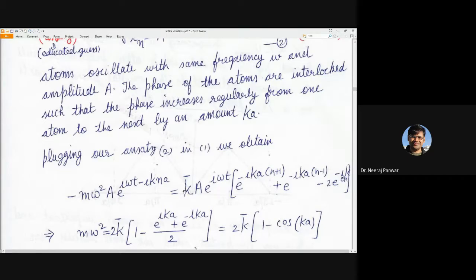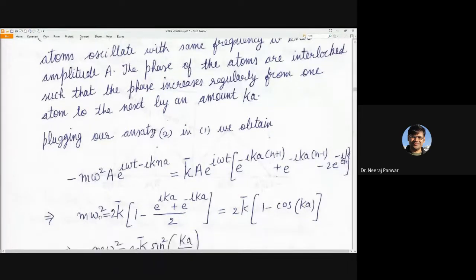And by taking some common terms, e to the power i omega t will cancel out from both sides. If we take common here e to the power minus i k a n, this will also cancel out. So we will have m omega square is equal to 2 k bar inside the bracket 1 minus e to the power i k a, e to the power i k a will come from this term, plus e to the power minus i k a will remain from the first term, and if we take 2 common, we will get divided by 2.